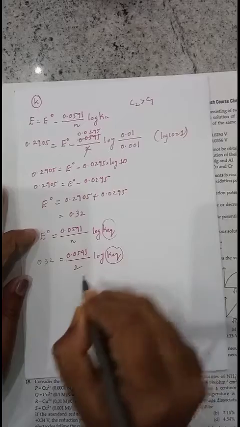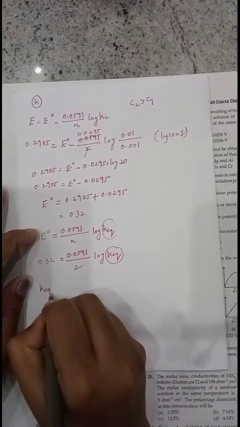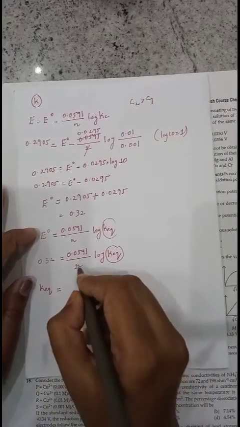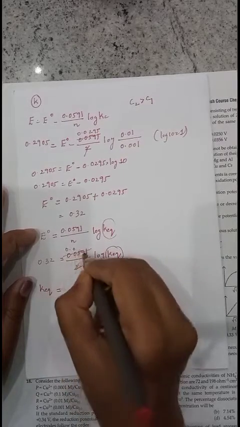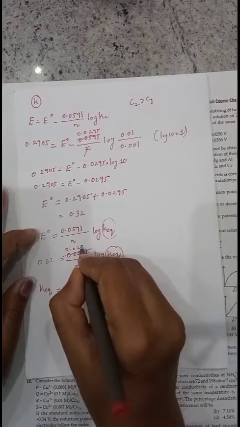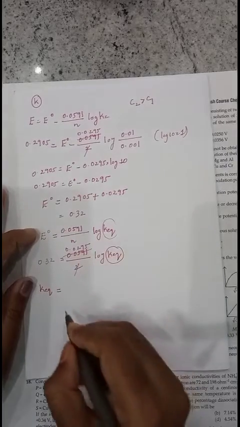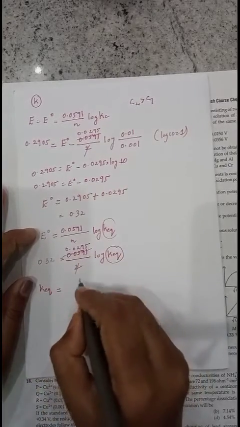So now we only want the K equilibrium constant. When you divide, you will get 0.0295. Then what will be left here?